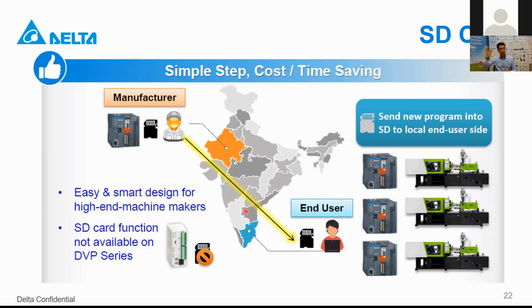Since it is not directly the same project, it is a kind of execution file. So they don't need to open ISPsoft or DIADesigner, and they don't need to know how to connect to the PLC. They just plug in the SD card and download to the PLC. So there is no need for any PLC knowledge for the end user. And you can also protect your user project, I mean the source code.